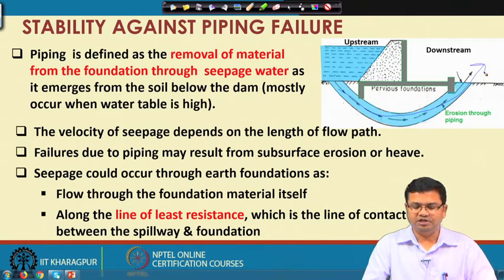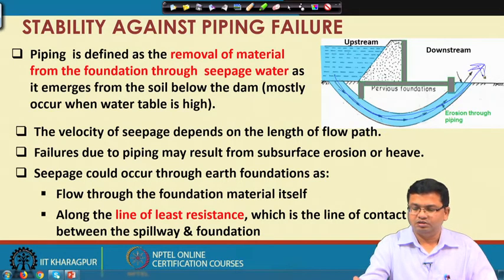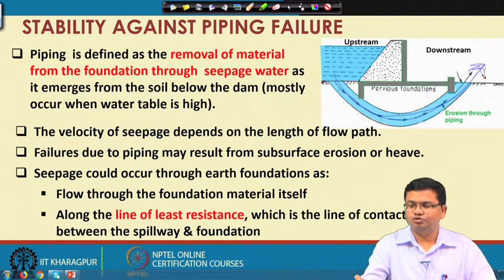The velocity of seepage depends on the length of the flow path. Failures due to piping may result from subsurface erosion or heave. Because of subsurface erosion, the soil particles along this line emerge out at the downstream section, and sometimes this creates a quicksand condition.